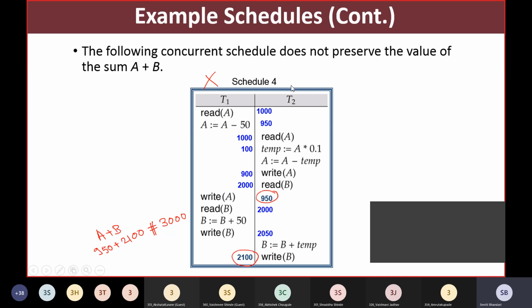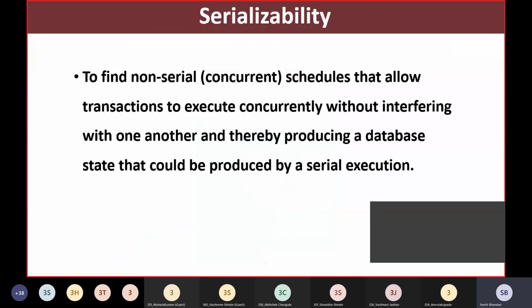And that is why even though this also is one of the concurrent schedules that can be produced by the scheduler, such kind of a schedule is not being accepted because it is not preserving the consistency condition. Right? So our scheduler should produce the schedules such that my database consistency is preserved. And here we come up with the concept of serializability.